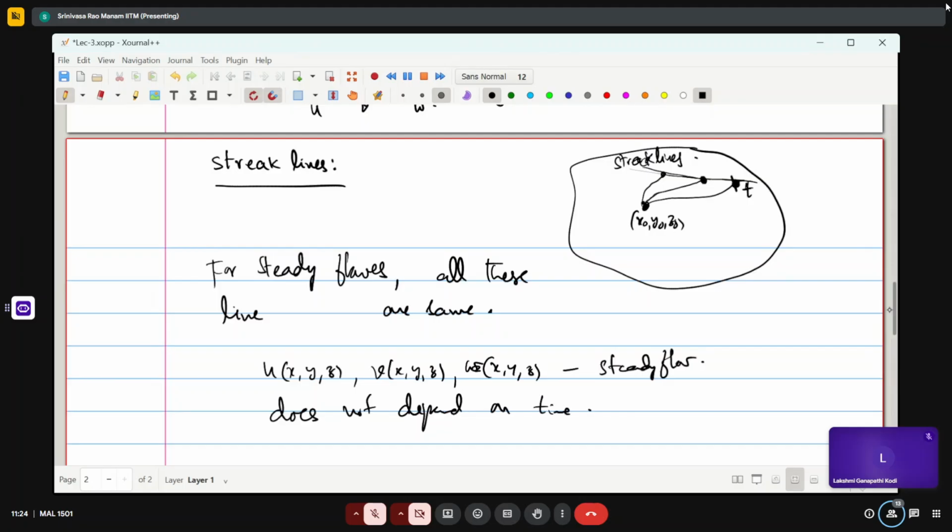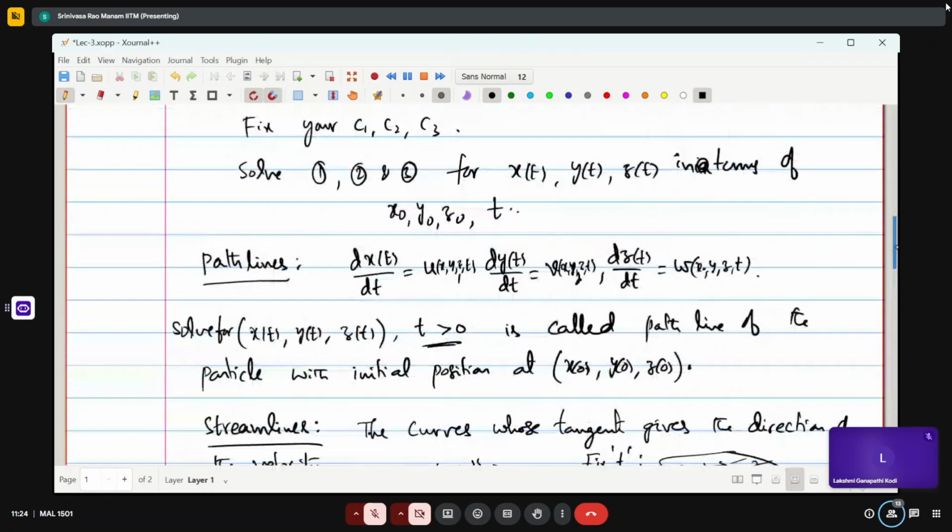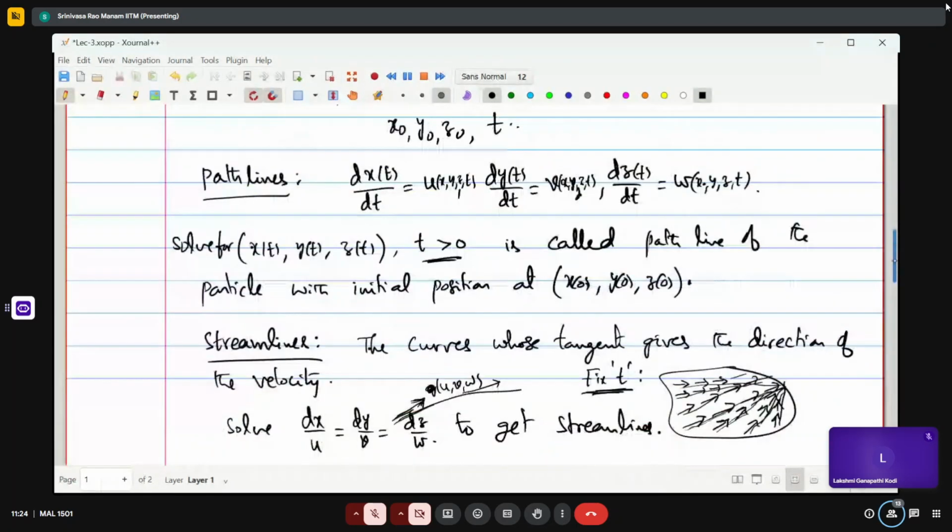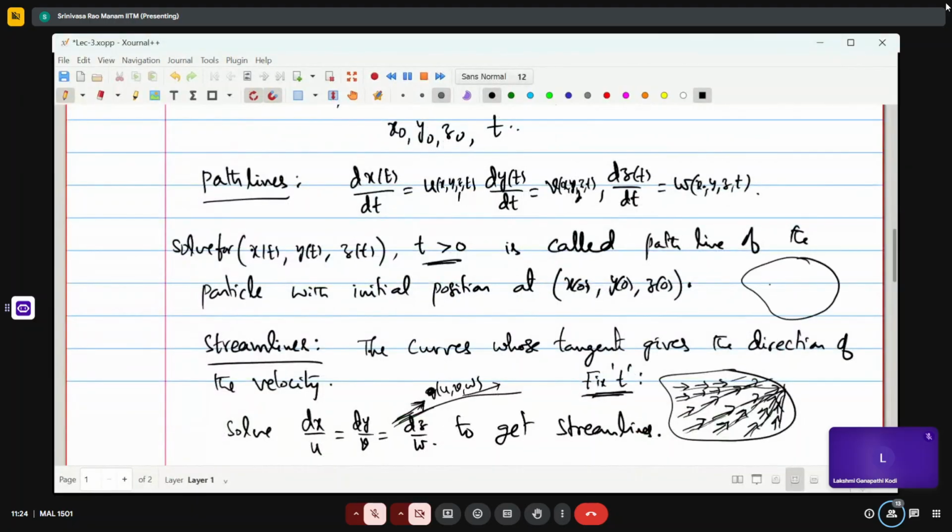So what is actually happening is you simply look at the pathline. In a pathline, you are watching one particle just moving here. Now for the streamline, you are basically looking at the flow, which also looks like this only, because it doesn't change with time. So you get the same line.